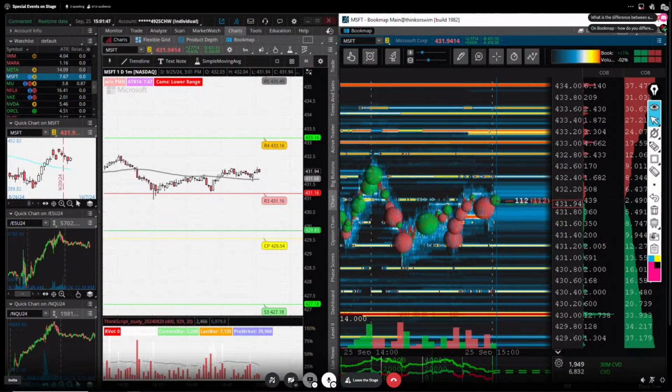Okay, Javi Bob, that's a great question. The difference between an iceberg and just a lot of orders, whether you can see them or not: a lot of orders is what we call a wall. The difference is you can see a wall, you can't see an iceberg.